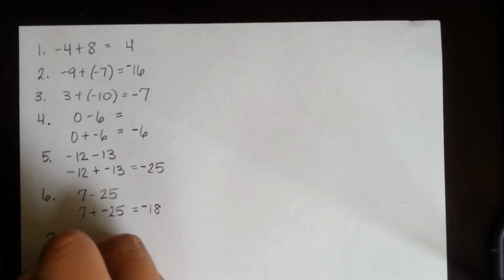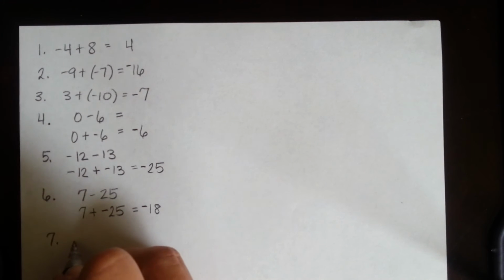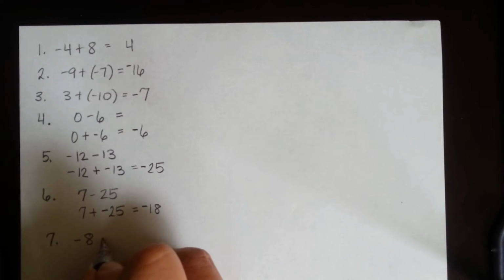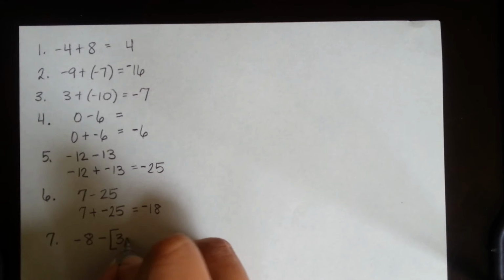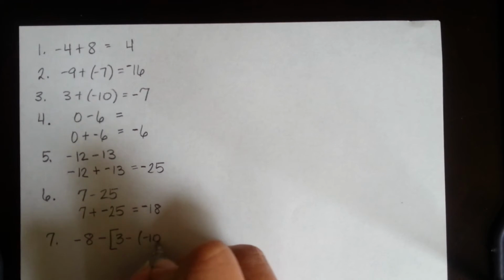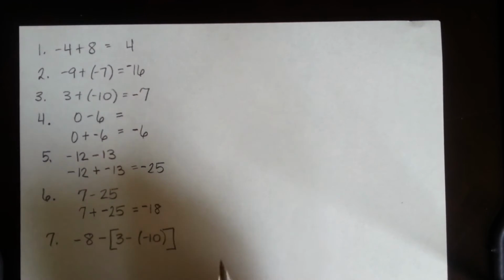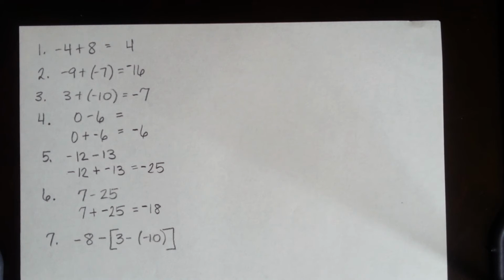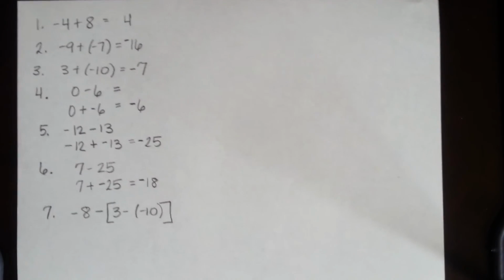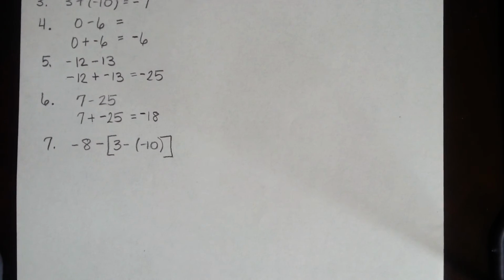Number 7. We'll do one with several steps in it. Negative 8 minus [3 minus negative 10]. And remember, these brackets are just another set of parentheses. They help us distinguish between sets of parentheses. So if we're following our order of operations, remember we're supposed to do everything in parentheses first.